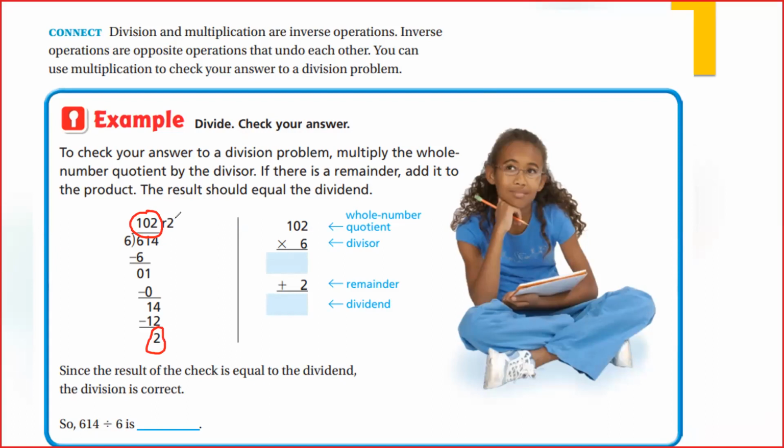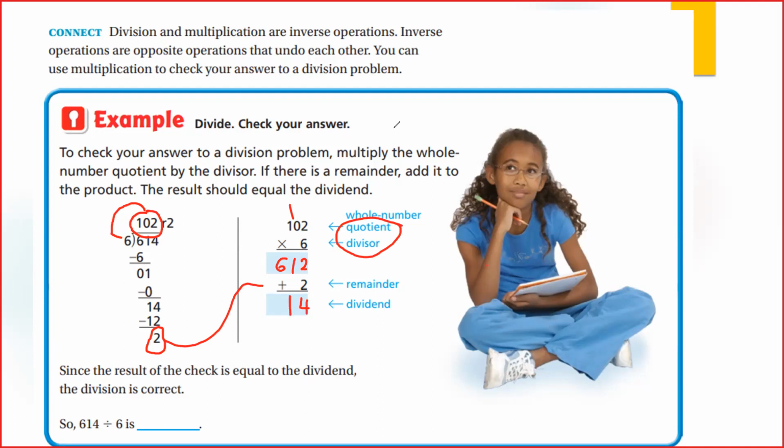Now, when I need to check my answer, I have to multiply 102 by 6. Then 6 times 2 is 12. 6 times 0, 0 plus 1, 1. And 6 times 1, 6. Then after I multiply the quotient by the divisor, I have to add the product plus the remainder.